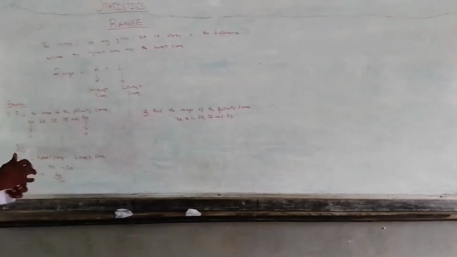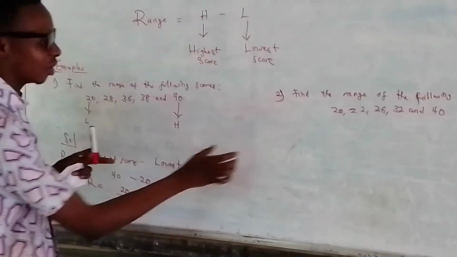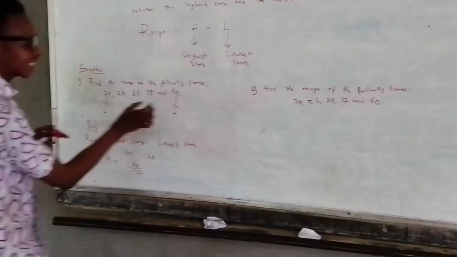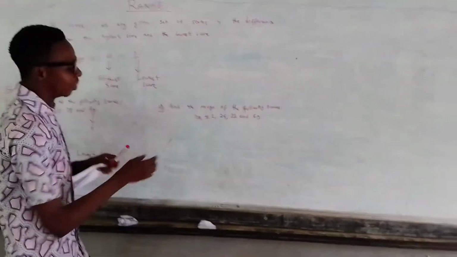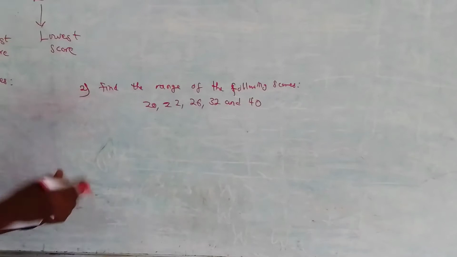Okay, this example 2 is somewhat similar to example 1 because it starts with 20 and ends with 40. From this we just need to pick the lowest and the highest number.